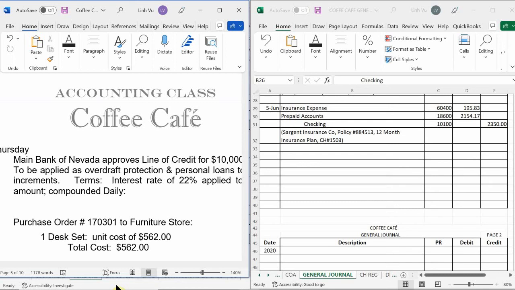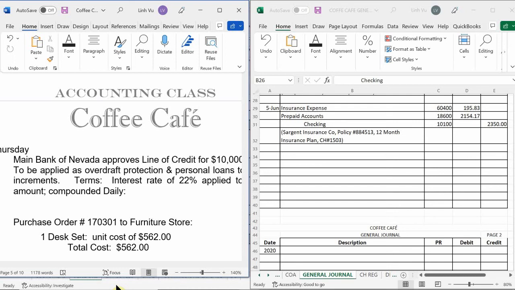So where would I be able to put this? What was that principle called? That's one of our GAAP principles, right?